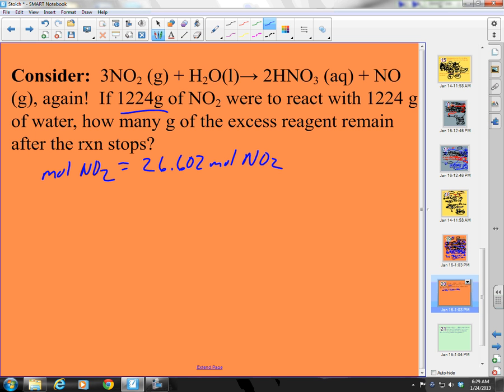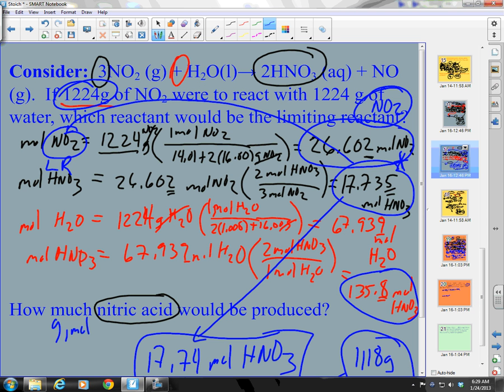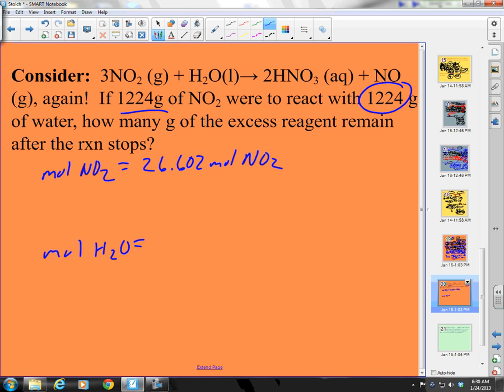And how many moles of water did I have from this 1224? Let's go back here. Where's my moles of water? 67.939. So I have 67.939 moles of water.